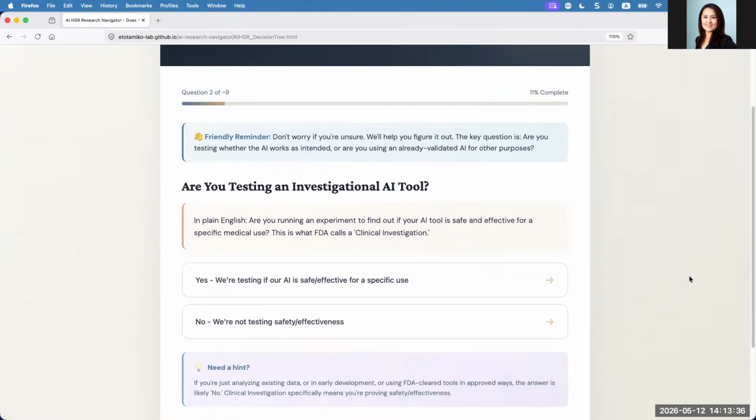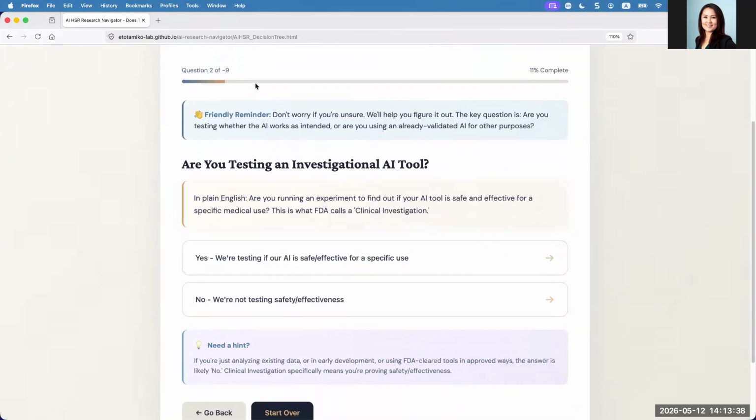All right. This will show you how much you're completing. 9 questions, 11% complete. The first question is asking if we are testing an investigational AI device for safety and effectiveness. Notice the tool explains this in plain language, so this is not regulatory jargon. Hopefully you can tell by now that this is supposed to be a research-friendly tool because we want to make sure that we get the information we need right at the start.